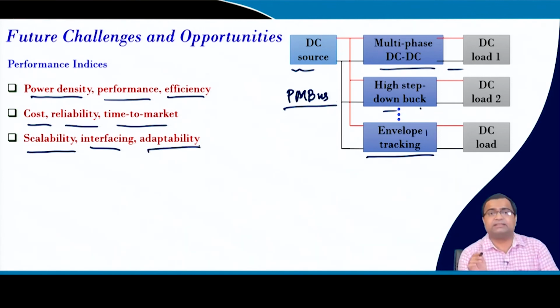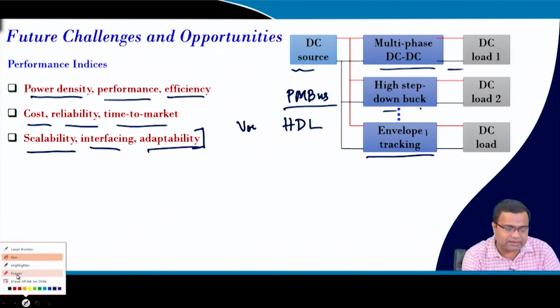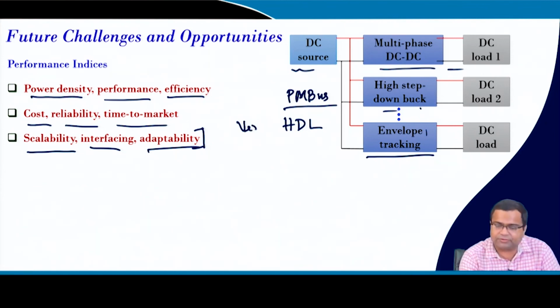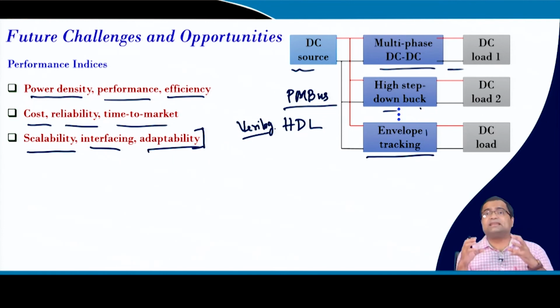And then adaptability, because the processor technology can change, but our control algorithm should not change, or it should not change drastically, because if you are going for digital control, we can write our algorithm in HDL, like Verilog HDL or VHDL. These HDL languages are basically platform independent.